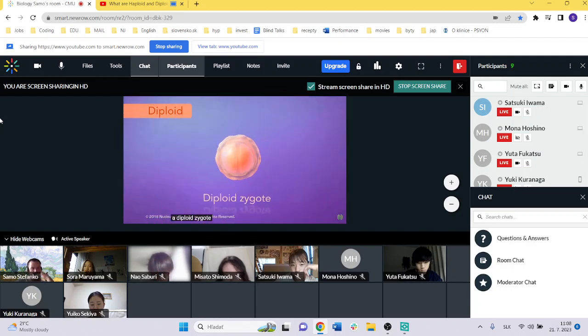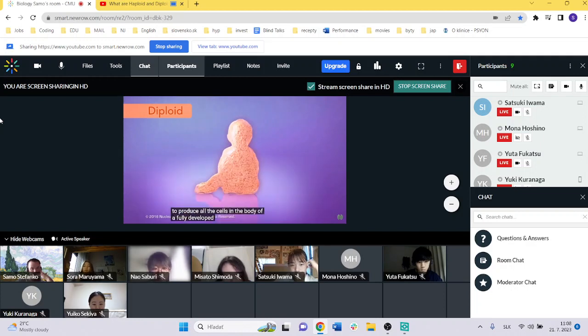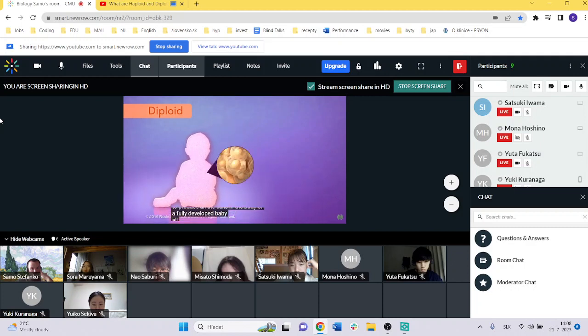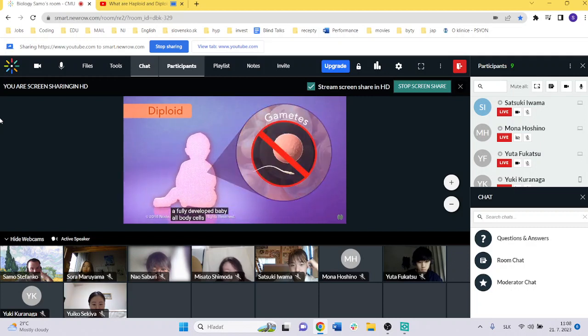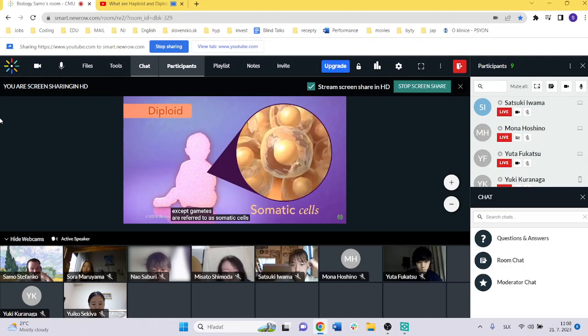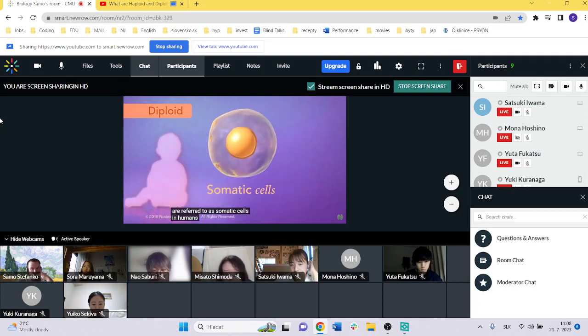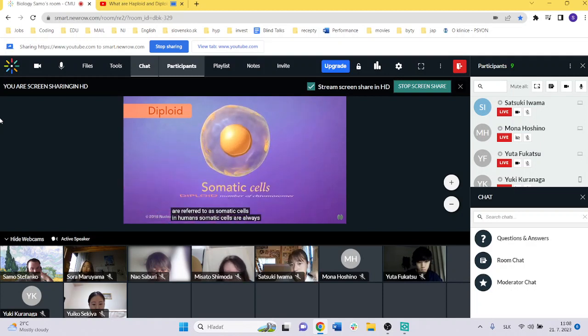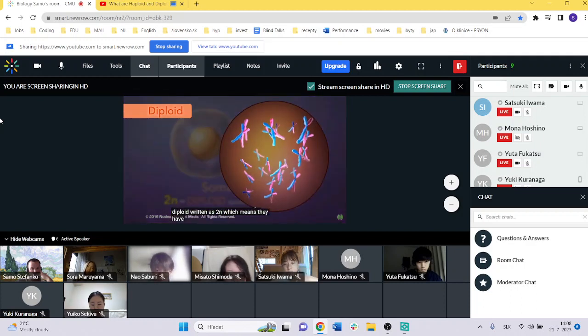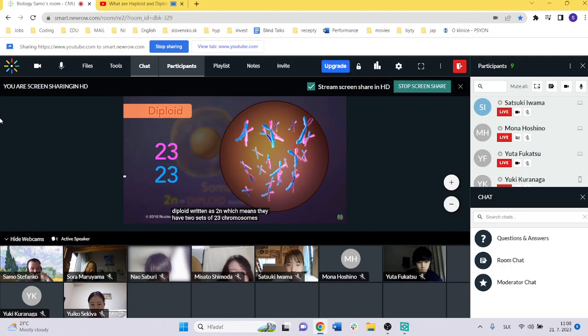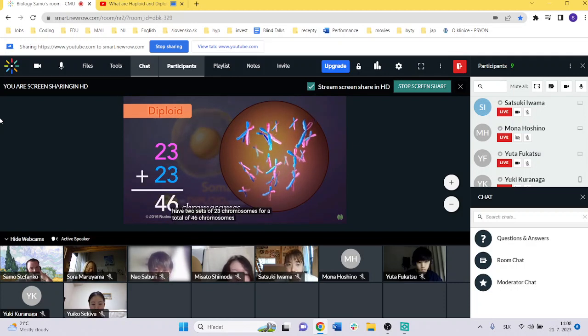A diploid zygote will go through cell division many times to produce all the cells in the body of a fully developed baby. All body cells, except gametes, are referred to as somatic cells. In humans, somatic cells are always diploid, written as 2N, which means they have two sets of 23 chromosomes for a total of 46 chromosomes.